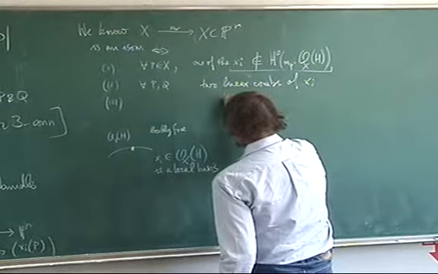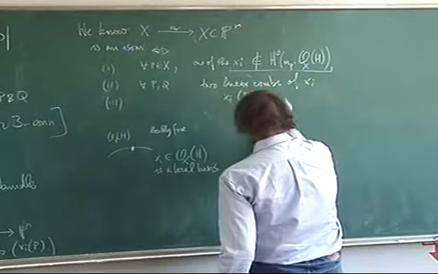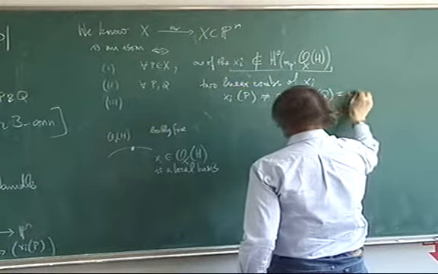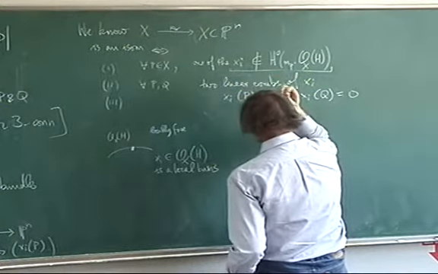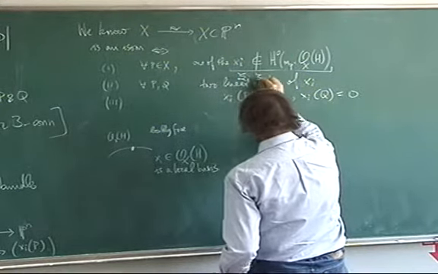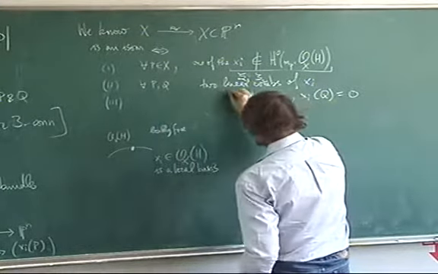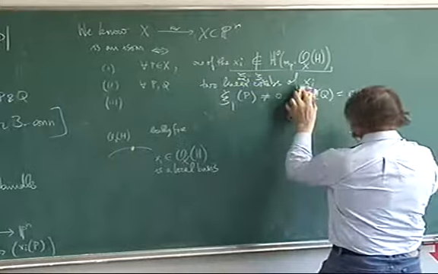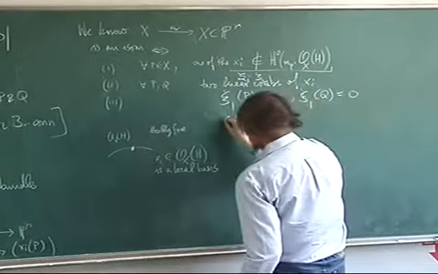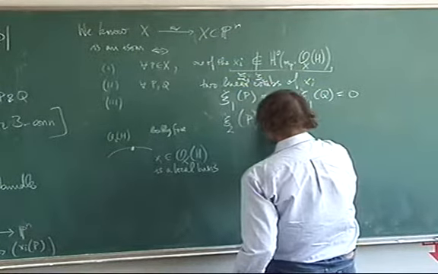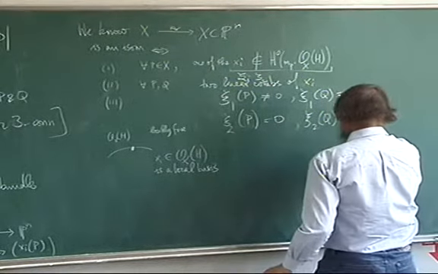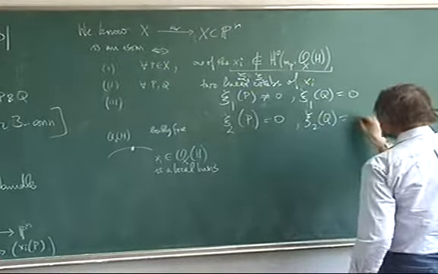I'm going to write xi_1 and xi_2, so that xi_1 at p is not equal to 0 and xi_1 at q is equal to 0, and the other way around: xi_2 at p is equal to 0, and xi_2 at q is not equal to 0, is equal to 1.